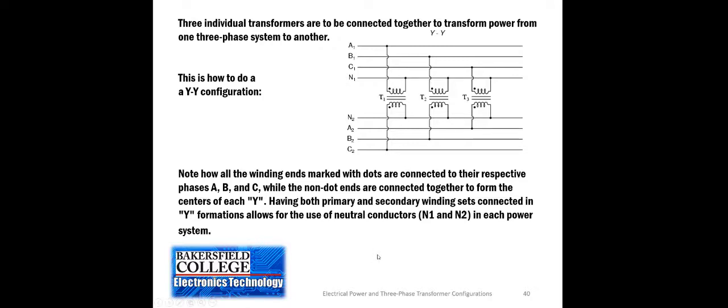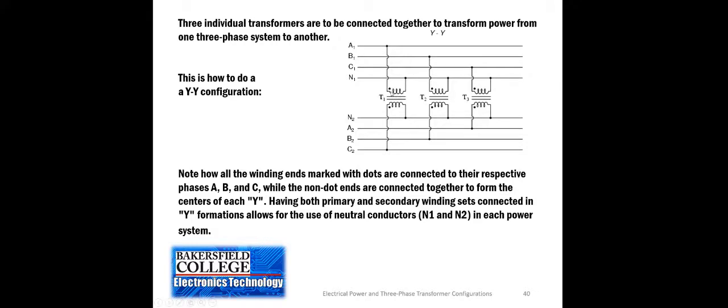Now, to figure out the exact voltage between A and B, B and C, and A and C, which would be the line voltage, or the voltage across the coils, which would be the phase voltages, we would have to know what voltage we have coming in. We'd have to know that it is a Y configuration coming in.